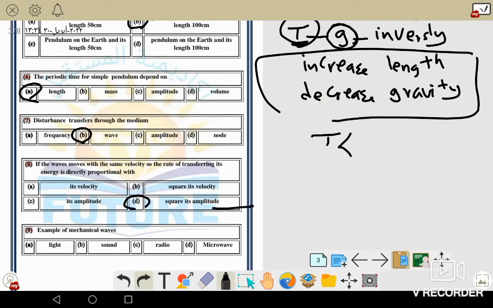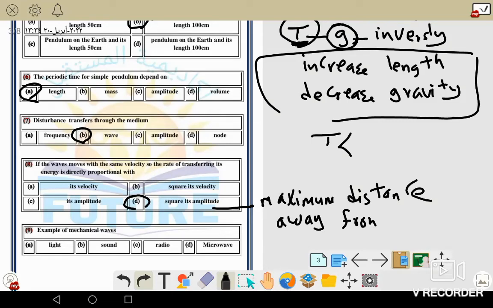Amplitude is the maximum distance away from the origin point. If you draw the wave like this: wavelength, amplitude, length of crest or trough.